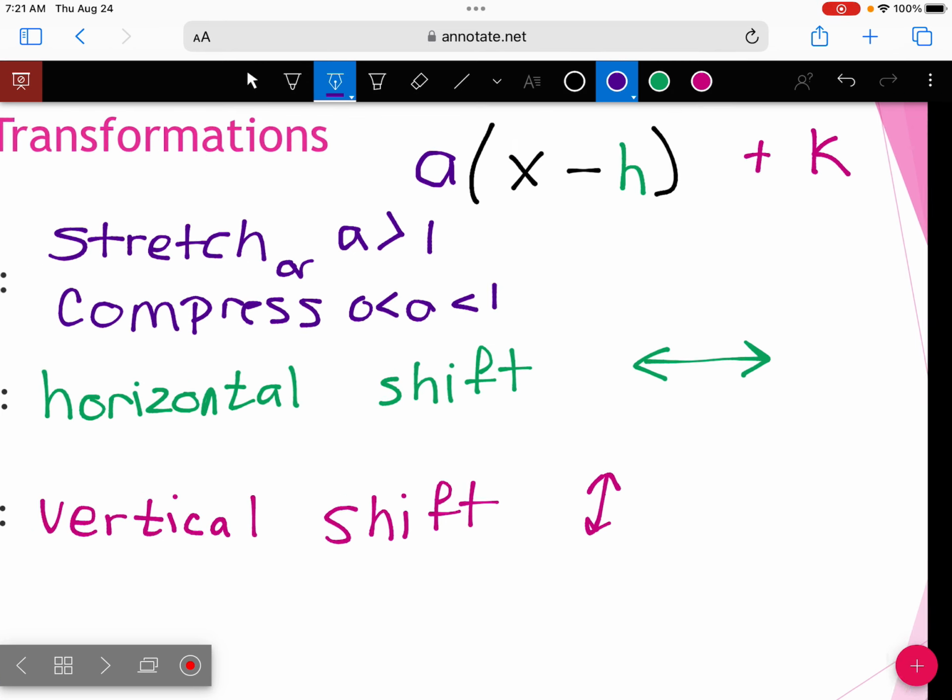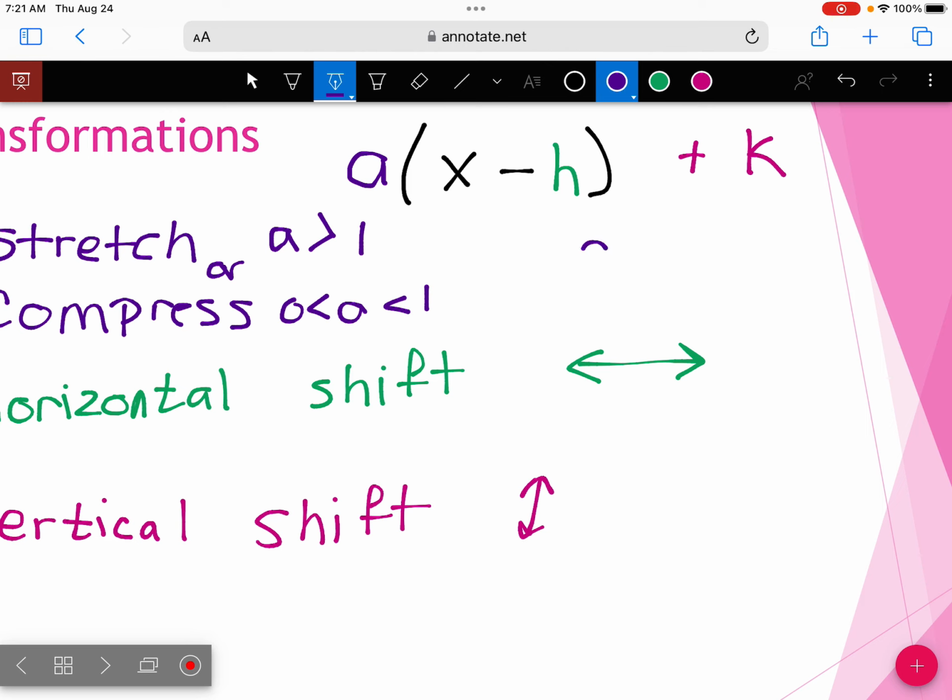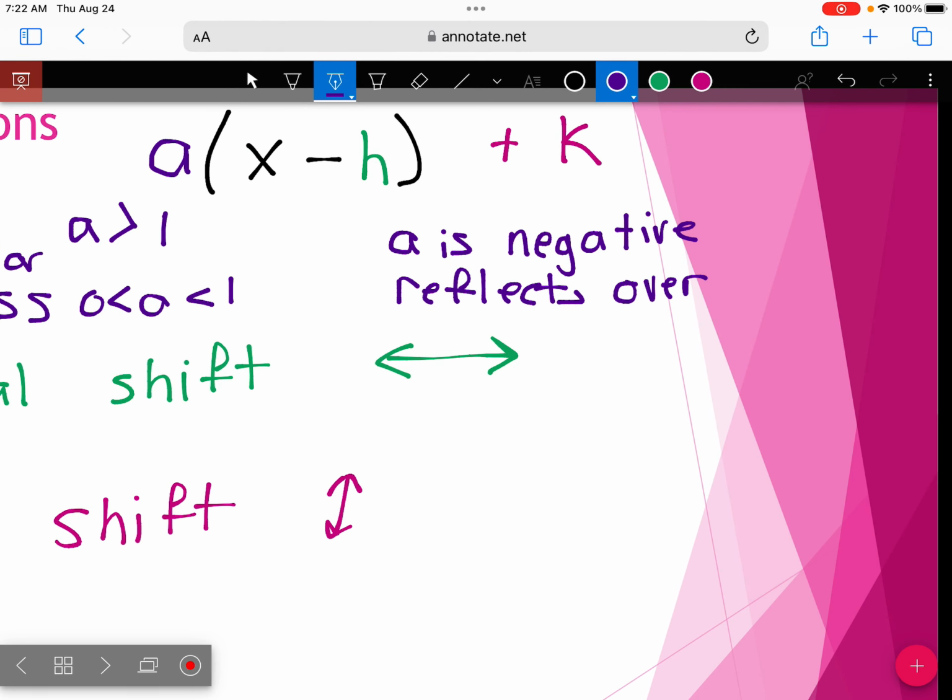If A is negative, it reflects, is the math word, over the x-axis. It is important that we are specific that it is the x-axis.